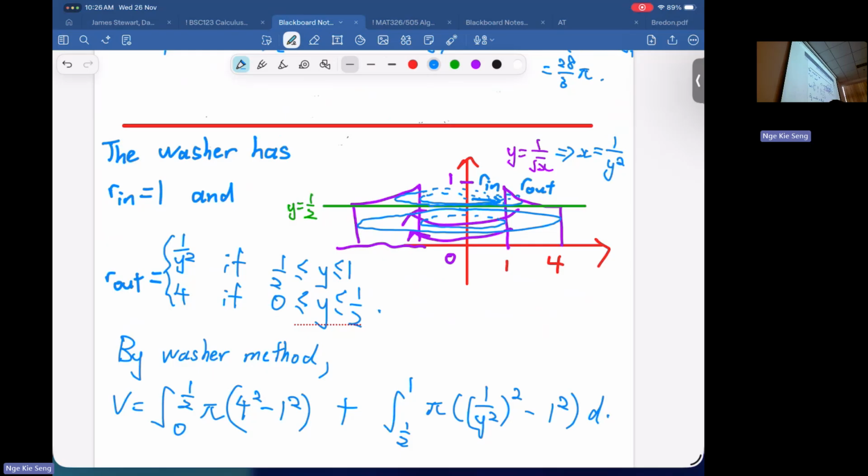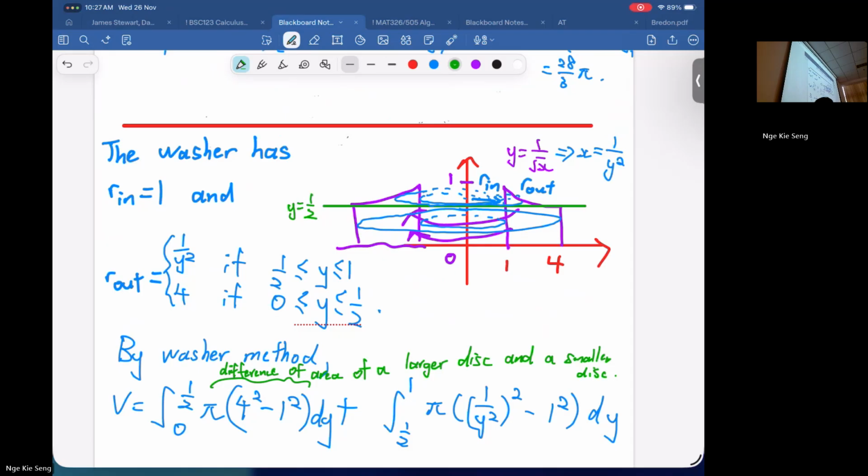For washer, we integrate along y direction, because we are taking the difference of area of a larger circle or larger disk minus a smaller disk.